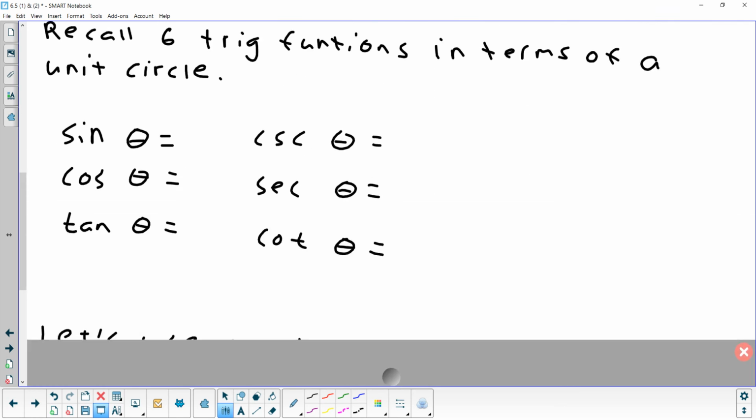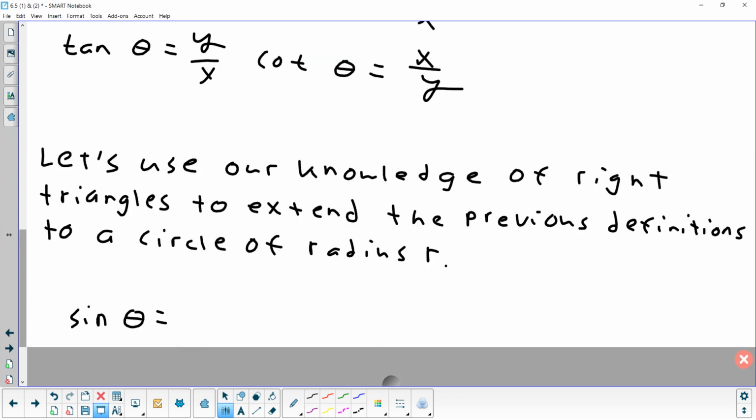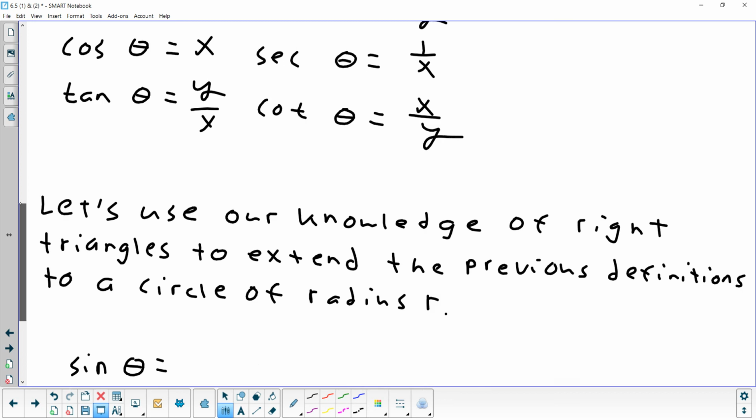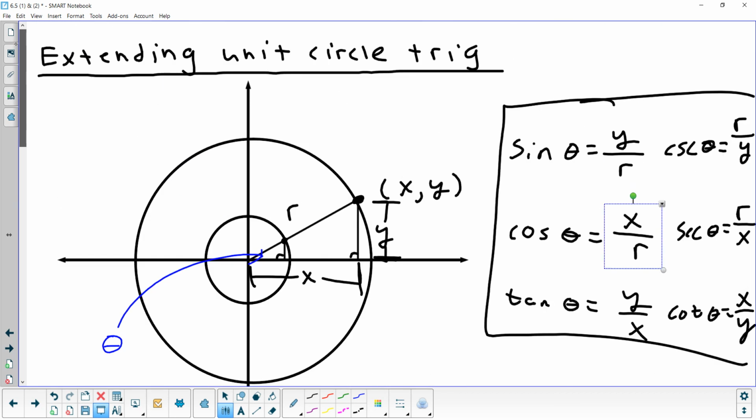So, you don't have to write these down, but these were the original formulas that we learned when we did unit circle trig. And now, I just extended all the formulas for you right there. So these are the general formulas to do trig on a circle of radius r.